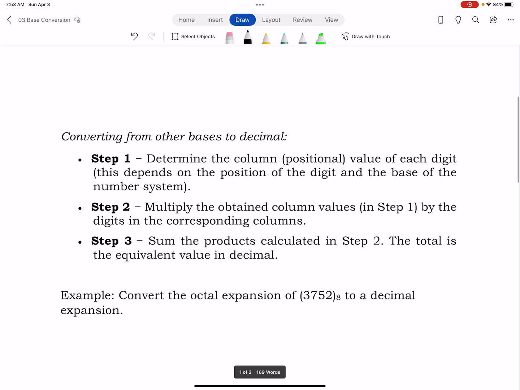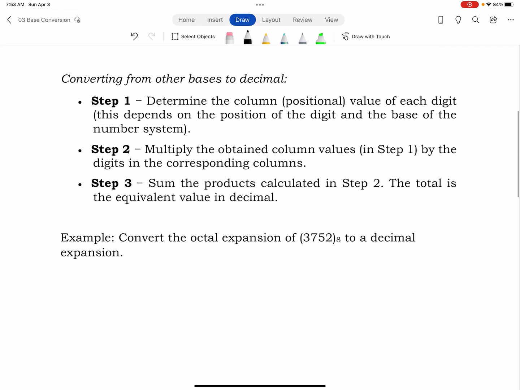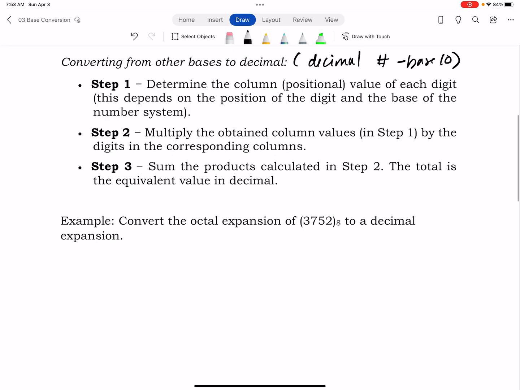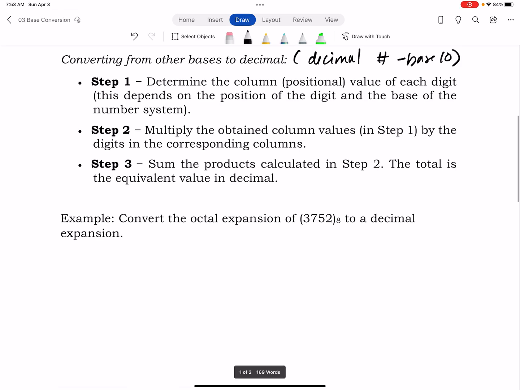If you have a different base and you're converting to a decimal number, and when we say decimal number, what we really mean is base 10, then what you do is determine the value of each digit, which depends on the number system you're in. Then you multiply the column values by the corresponding digits, and then you add them up.